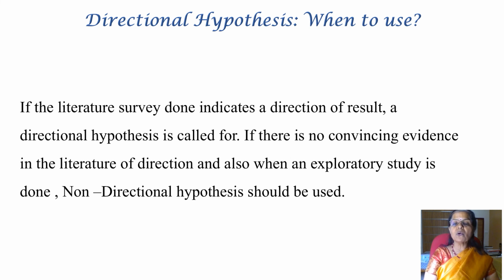If there is no convincing evidence in the literature of the direction, or also when an exploratory study is done. Exploratory study is something new. You don't know anything about it. You are going to explore. You don't know the direction. So in that case also, a non-directional hypothesis is called for.